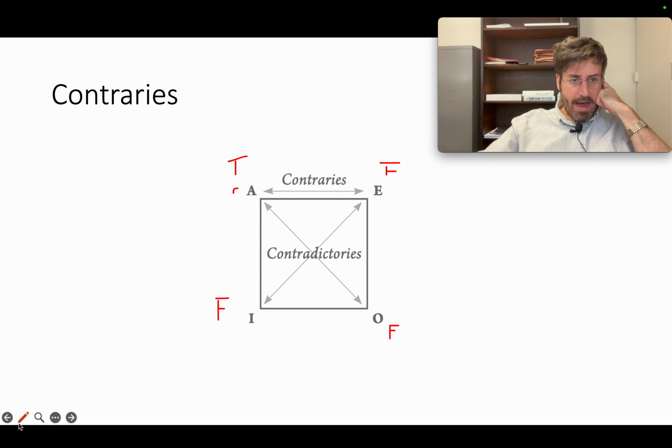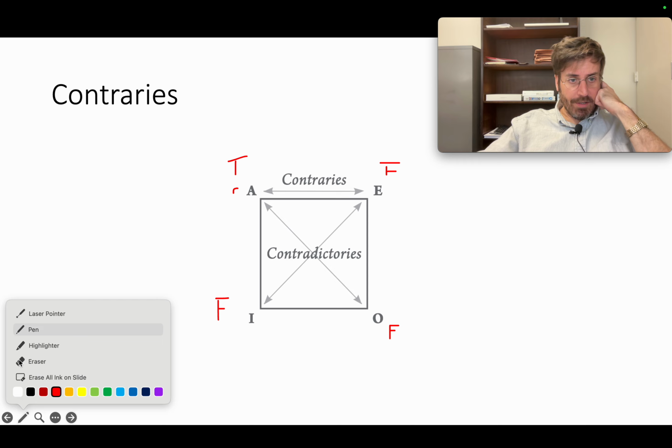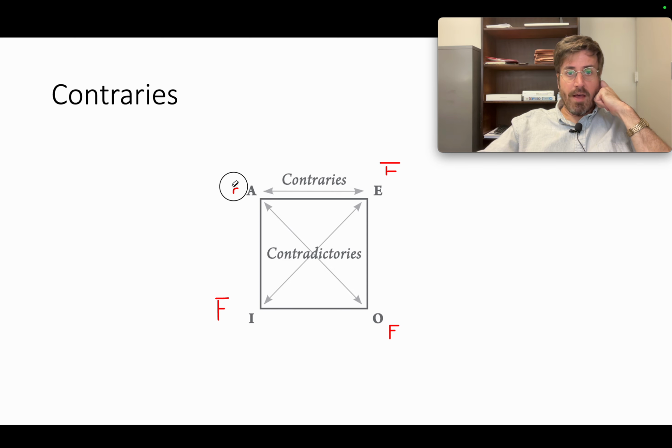We then talked about contraries, which are very similar to contradictories. The contraries are at the top of the square. Contraries are our A, universal affirmative propositions, and our E, universal negative propositions. These are very close in value, but there is a slight difference.